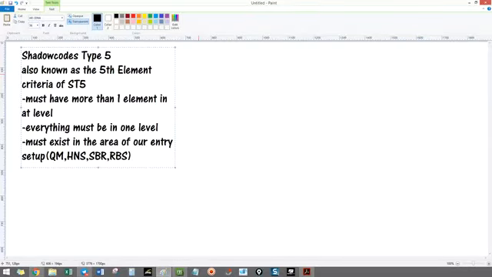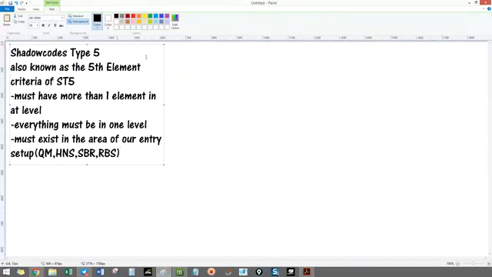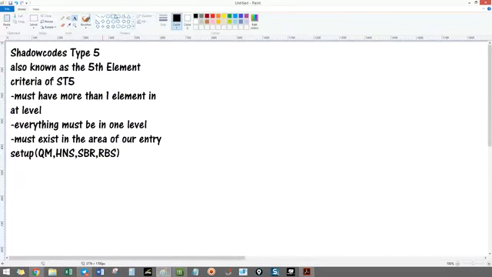They must be at this area. So we will explain the elements.